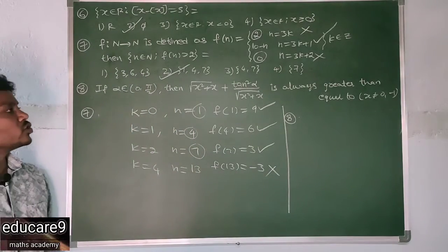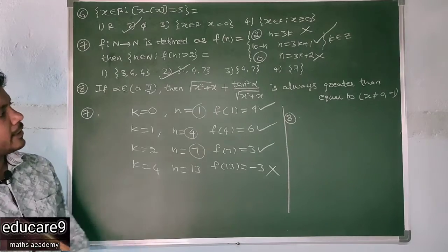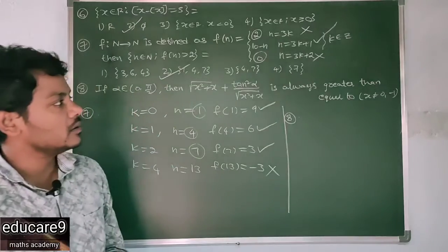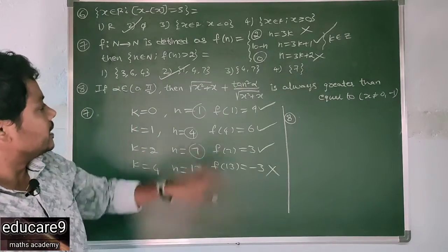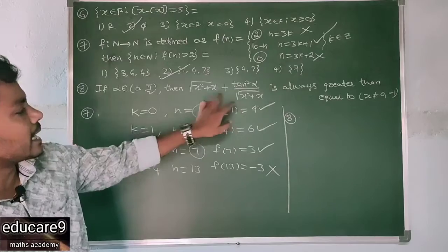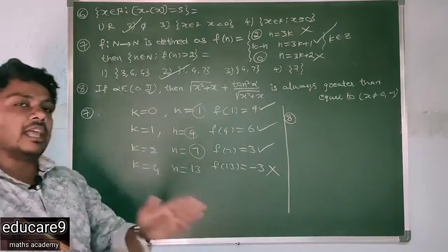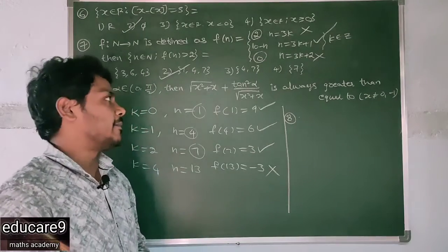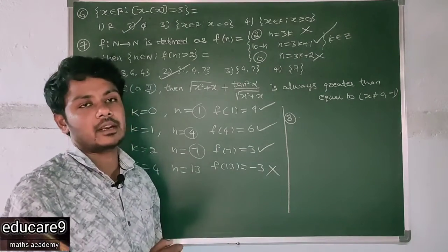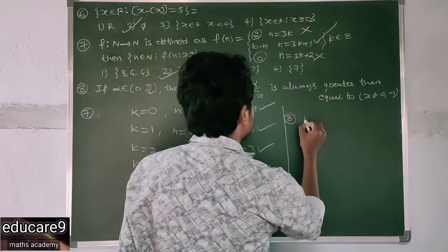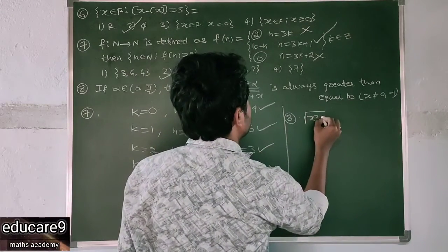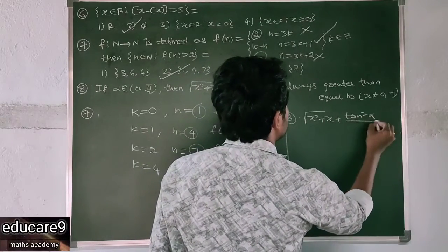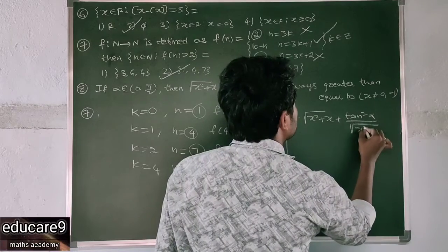Here alpha belongs to 0 to pi by 2. Then you want to find this value. That value is always greater than or equal to what? See here, clearly these functions are reciprocal. When the functions are reciprocal, we have to apply arithmetic mean is greater than or equal to geometric mean. See here, square root of x square plus 6 plus tan square alpha, divided by square root of x square plus 6.